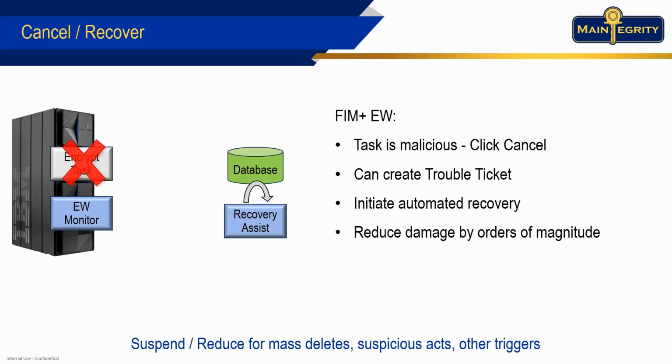So the amount of damage that can be prevented by this is orders of magnitude, and that damage is prevented in the mainframe world. So those kinds of things apply to all sorts of the other triggers that Gary quickly went over. So Gary, back to you.